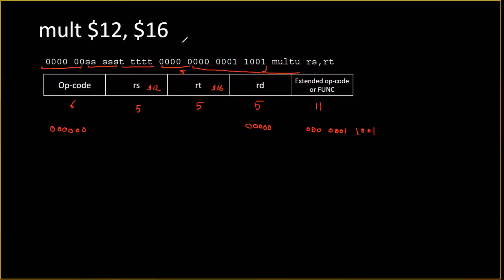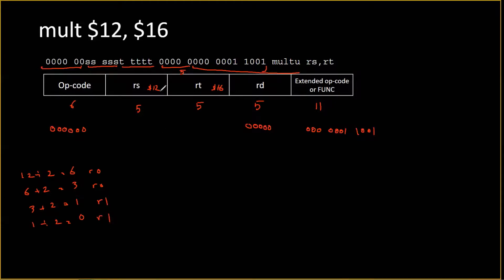So what I have to do now is convert this 12 and 16 to binary. For 12, I know it's 8 plus 4, but you don't need to do that. You can do the same method that we had. 12 divided by 2 is 6, remainder 0. 6 divided by 2 is 3, remainder 0. 3 divided by 2 is 1, remainder 1. 1 divided by 2 is 0, and remainder 1.